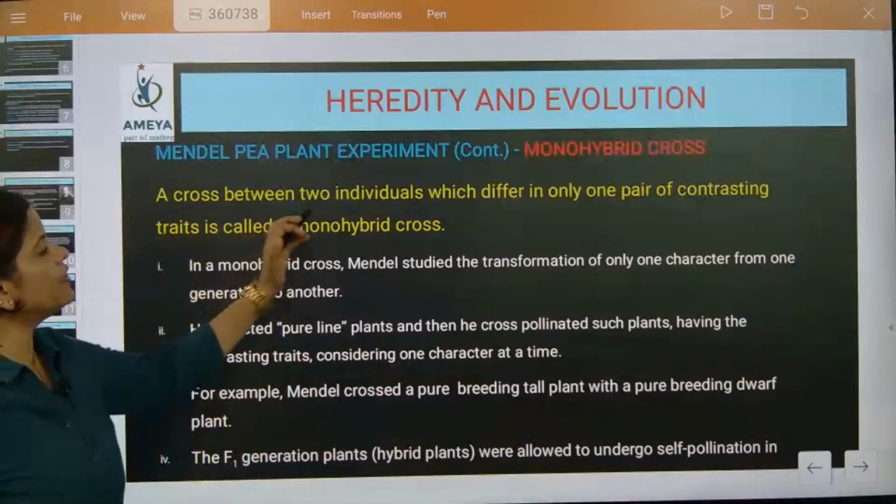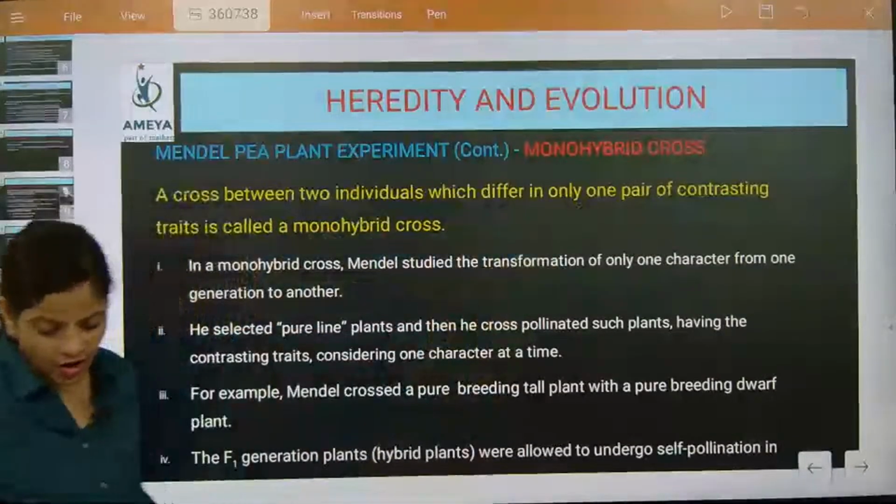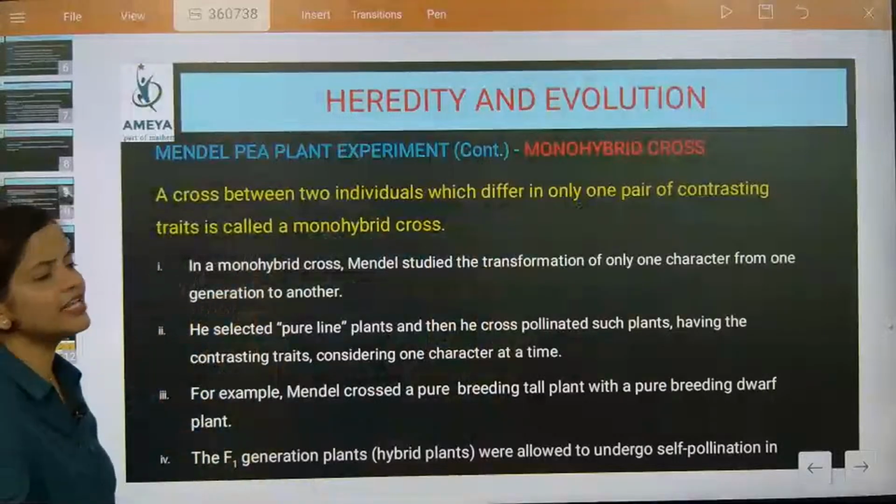A cross between two individuals which differ in only one pair of contrasting characters is called monohybrid.